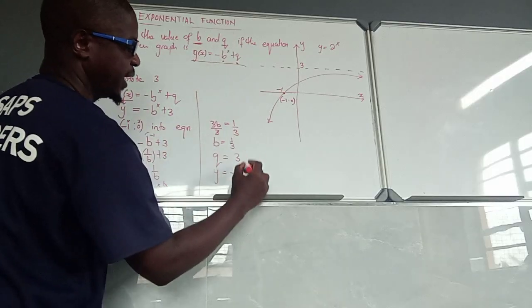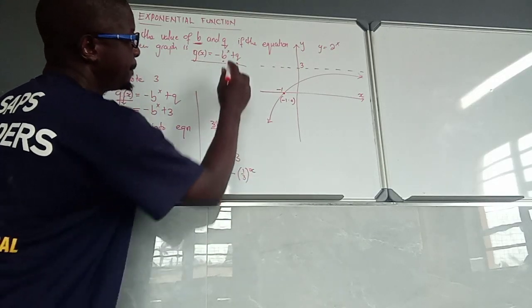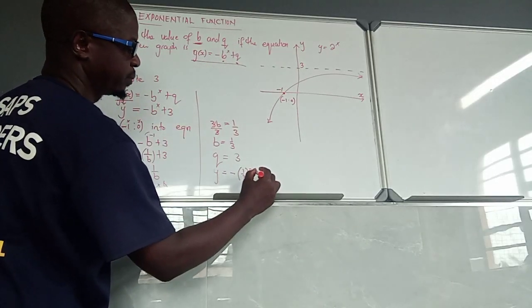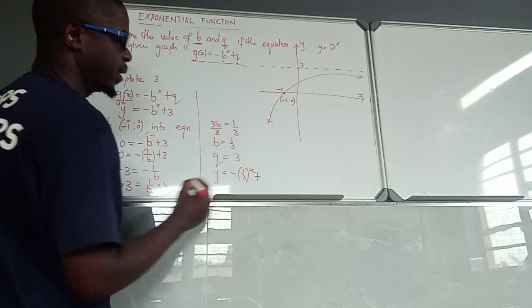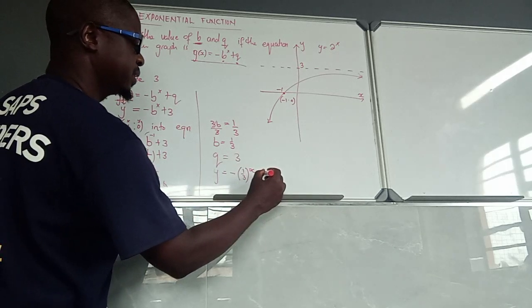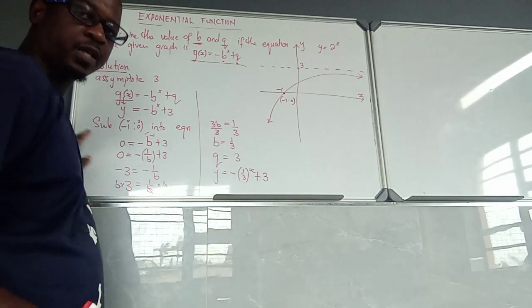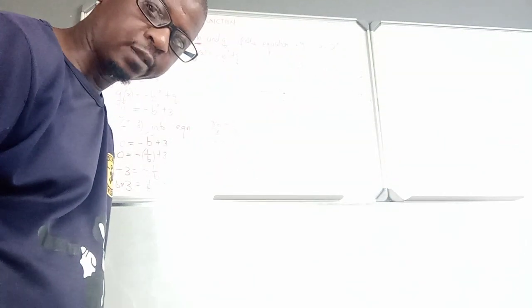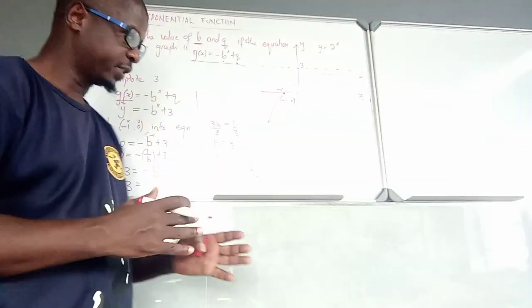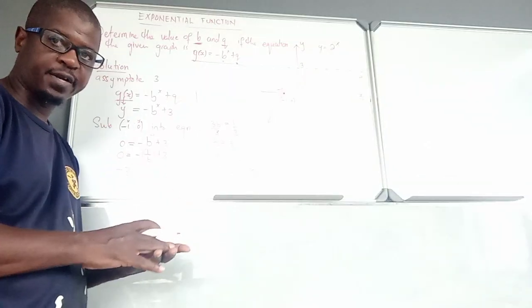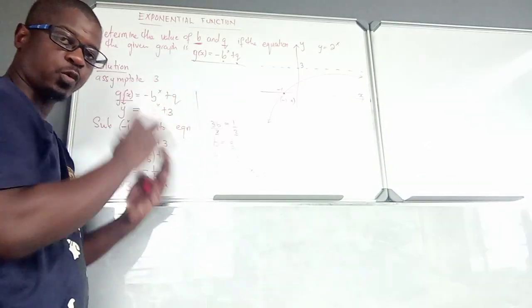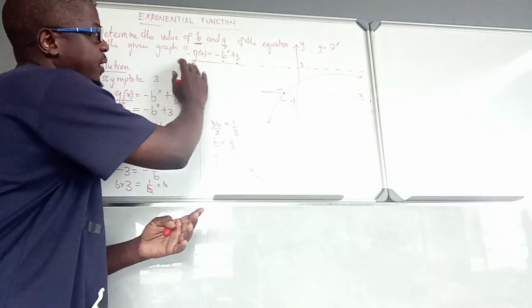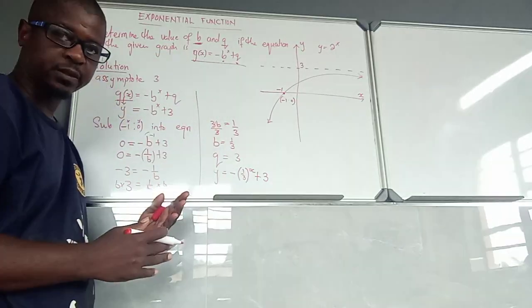Obviously, it's to the power of x plus q. What is q? Our q is 3. This is the final equation that we actually found.